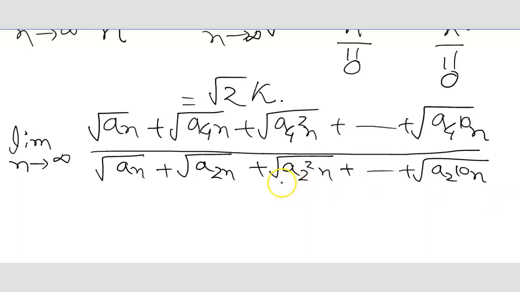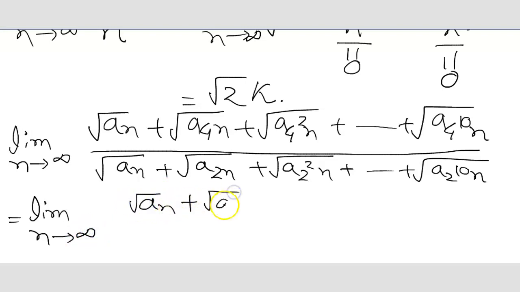Now we have to apply the previous result which we got. We can make a small adjustment like this, just a small thing, and I assure you that you people are quite friendly with this kind of adjustments.